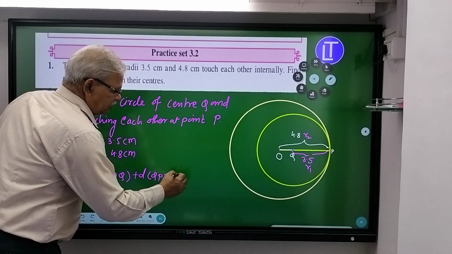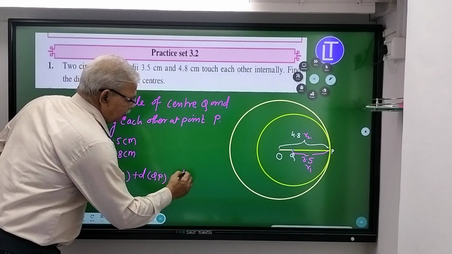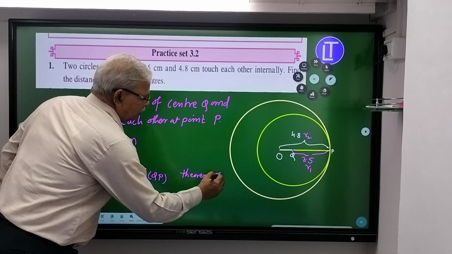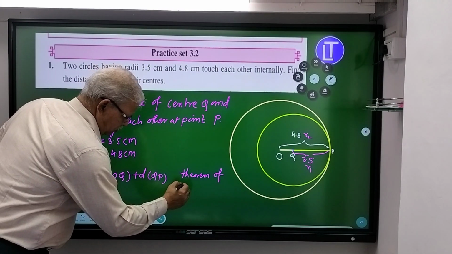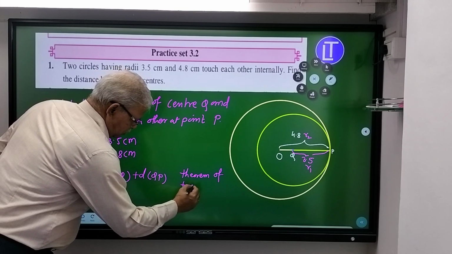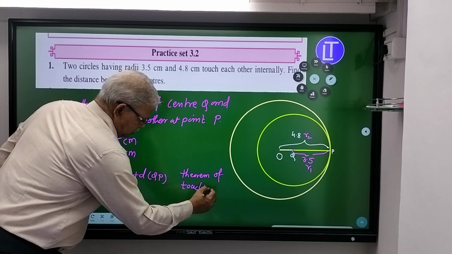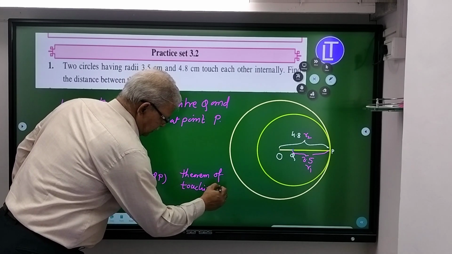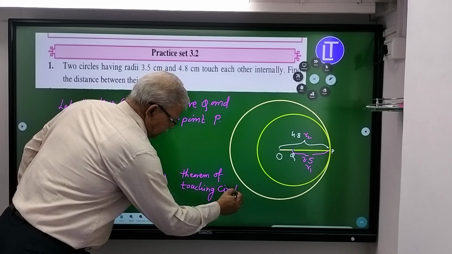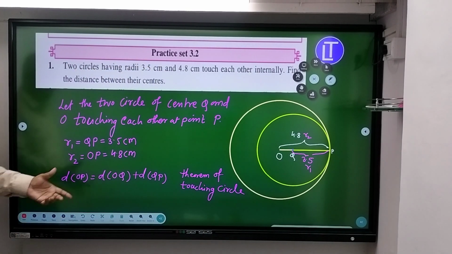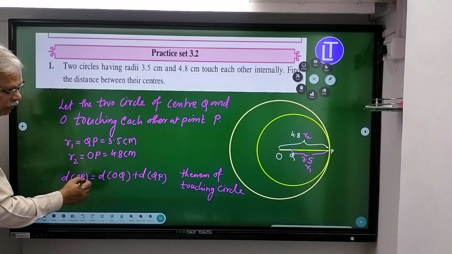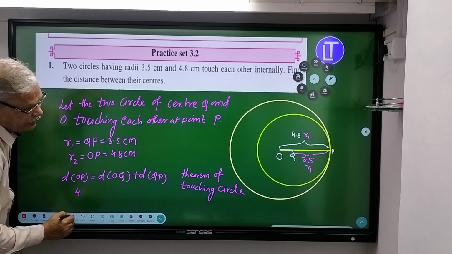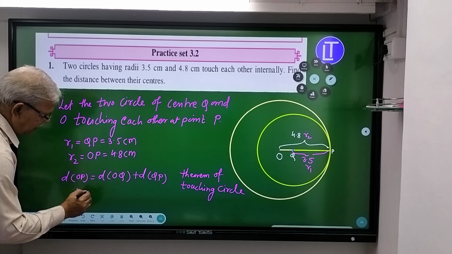This is due to the theorem of touching circles, that they lie in a single line. Now OP is given as 4.8.